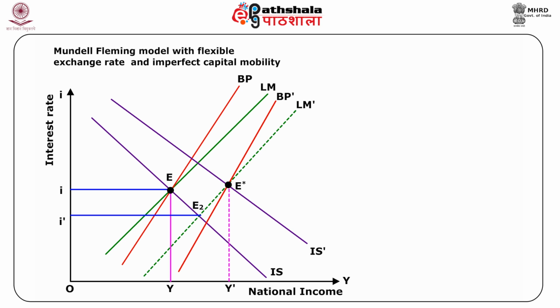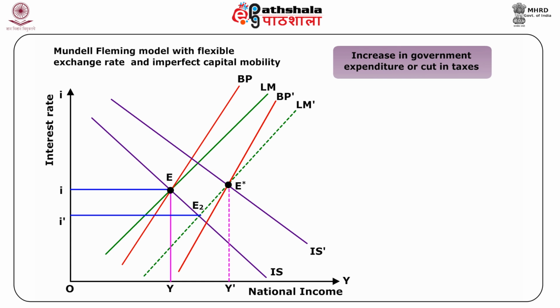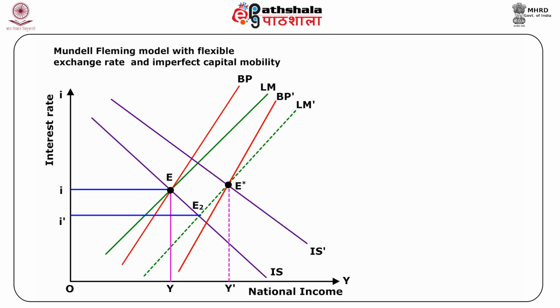Now consider the situation with expansionary fiscal policy in the figure. The equilibrium point is E, where the three markets are in equilibrium. With an increase in government expenditure or a cut in taxes, the IS curve will shift to IS dash, which cuts the LM curve at E3. This raises the interest rate to I double dash.